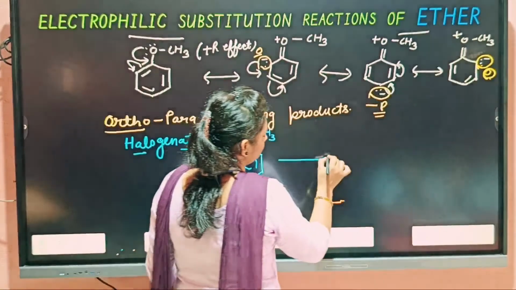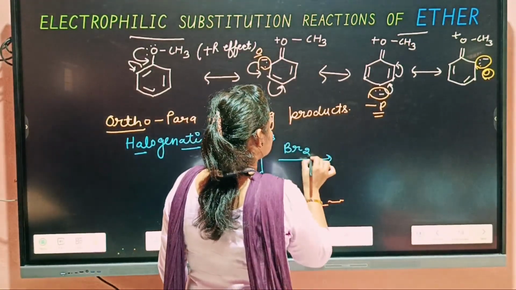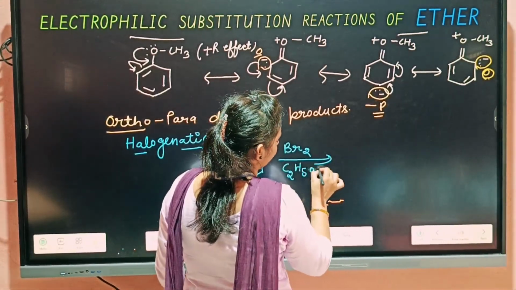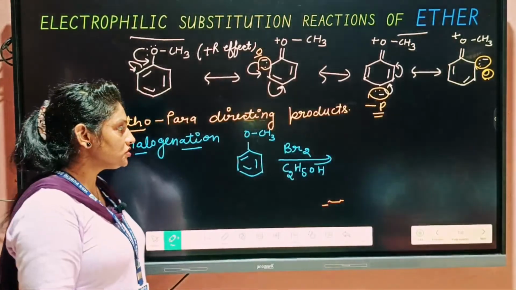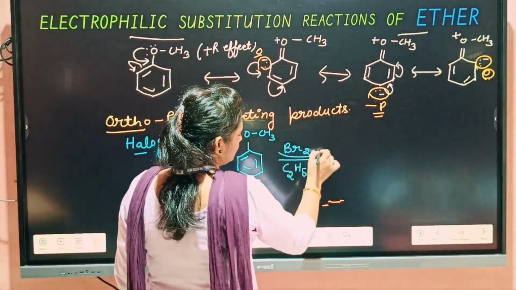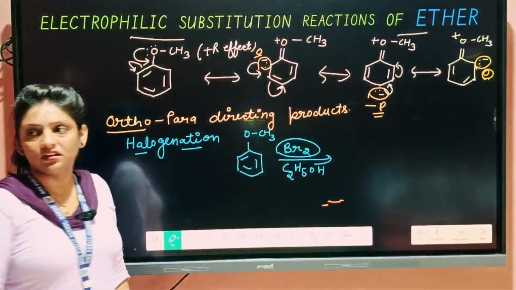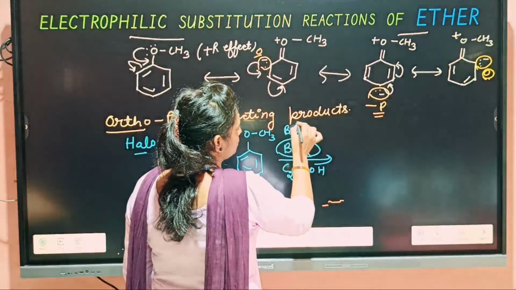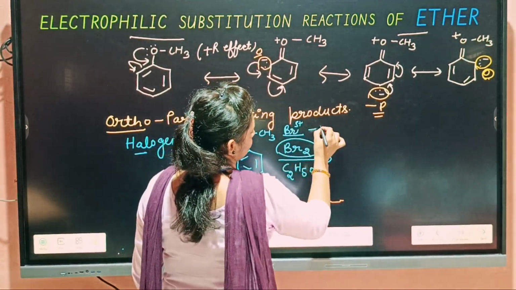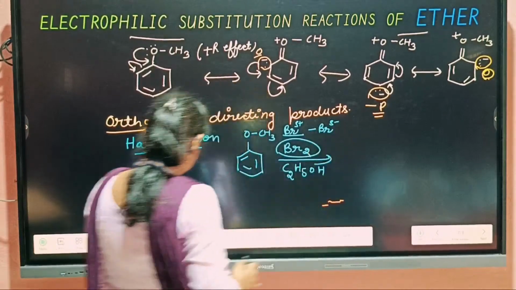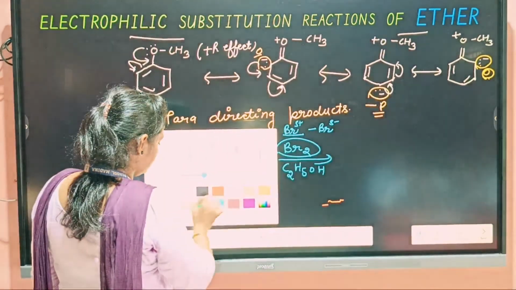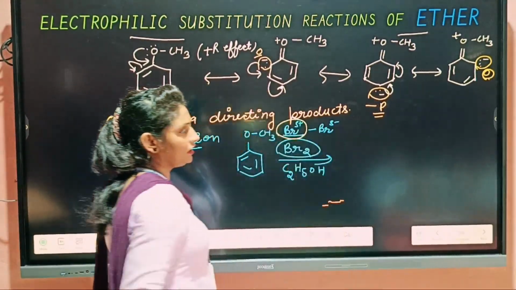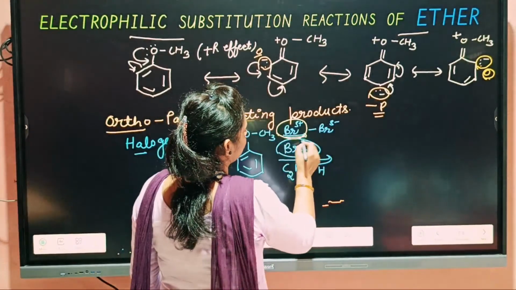So if we do bromination of this in the presence of ethanol, first of all we will identify the electrophile, and you know very well the electrophile generated will be Br positive, because we have already done these reactions in phenol and haloalkane. So here this will be the electrophile.